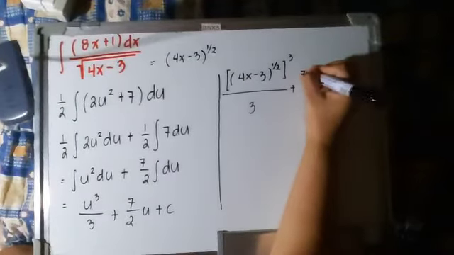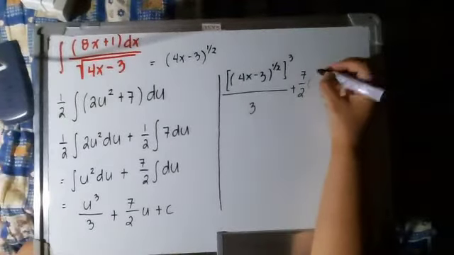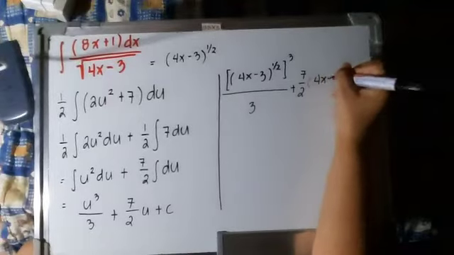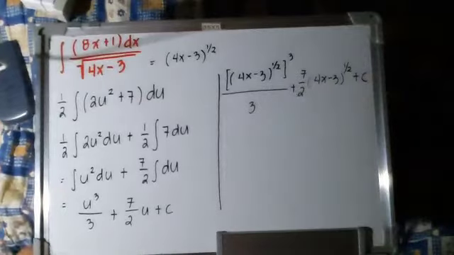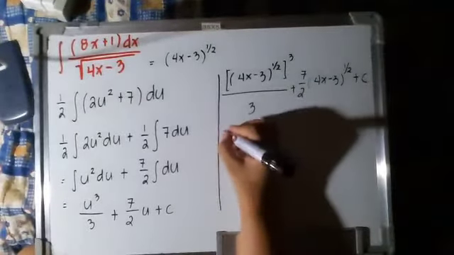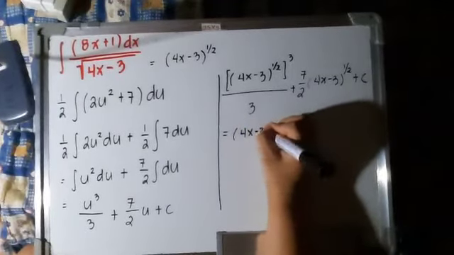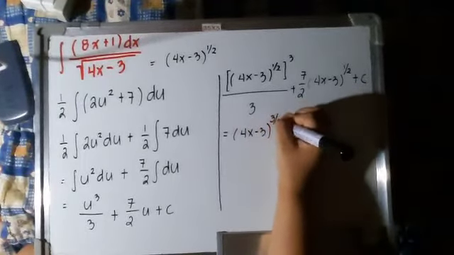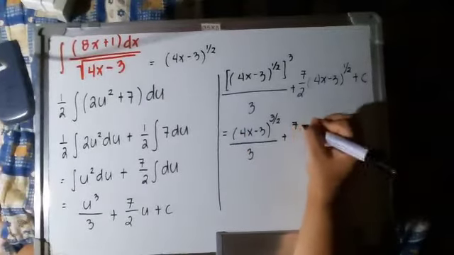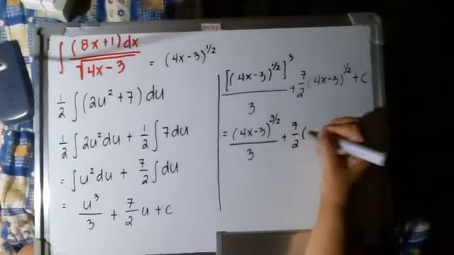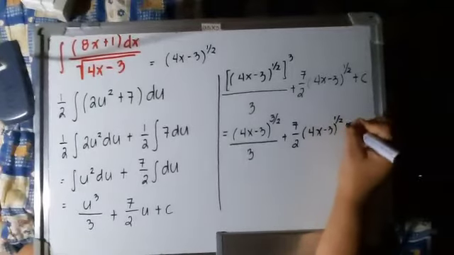Plus 7 over 2. Then, yung value ng u natin na 4x minus 3 raised to 1/2 plus c. Simplify natin yon. So, this will be equal to quantity 4x minus 3 raised to 3/2 kasi na-multiply ang exponent over 3 plus 7/2 times 4x minus 3 raised to 1/2 plus c.